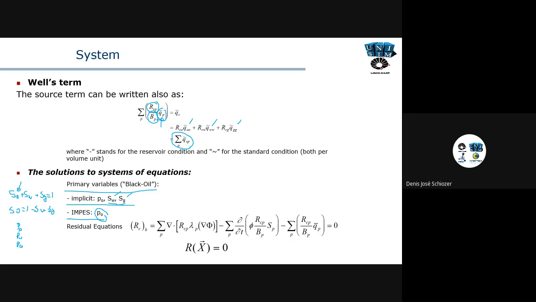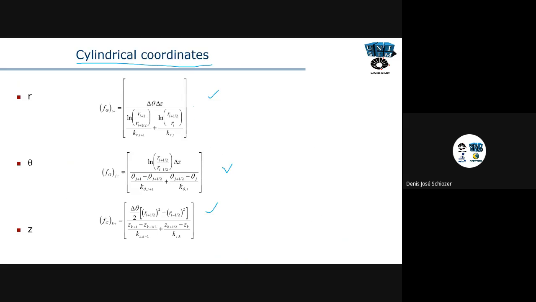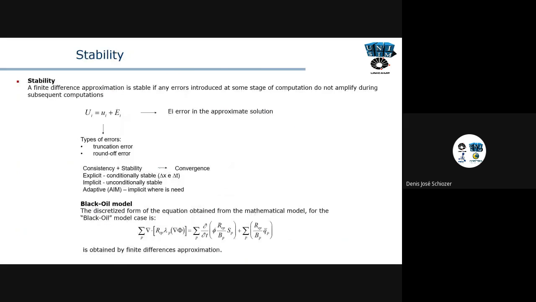Of course, when the method is implicit, we are solving implicitly for pressure, so our main variable is the oil pressure, okay? So our equation is this one, as we have seen.